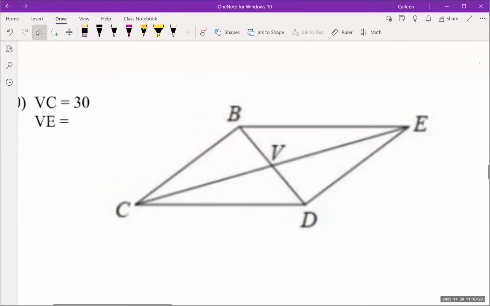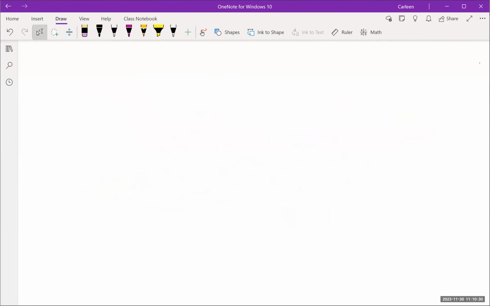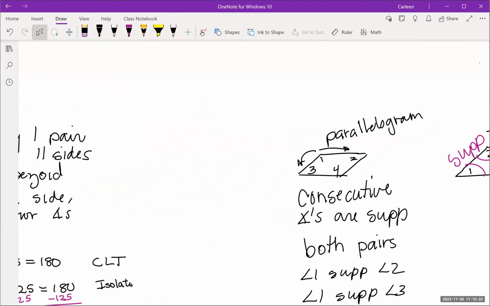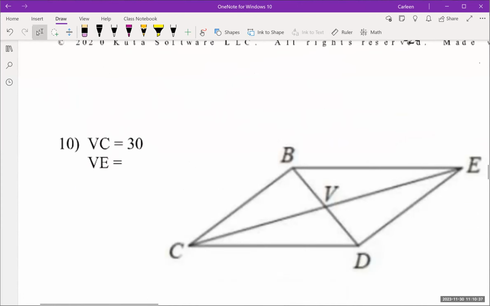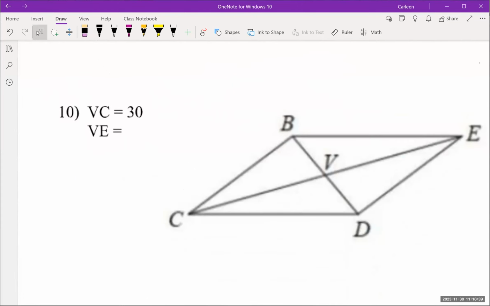Now, what's missing here? Okay, this was supposed to say that BCDE is a rhombus.